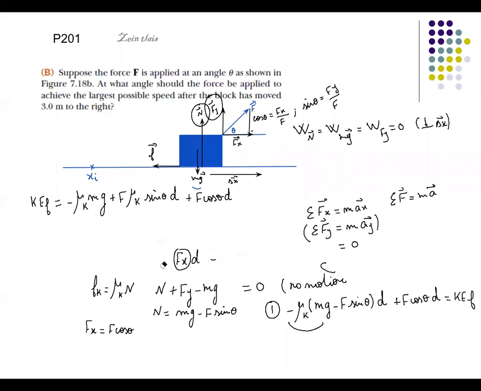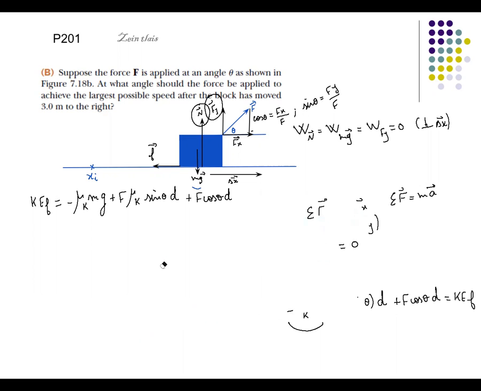Now we get the kinetic energy at x final. The question is, what is the value of theta in order to have a maximum kinetic energy or a maximum speed, maximum velocity?